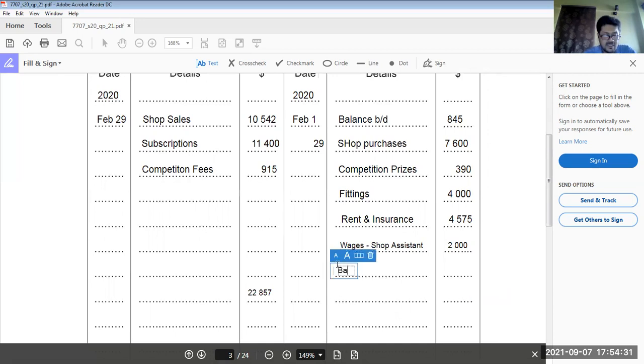It means we now have a balance c/d. So here we will get the total 22,857. Done.